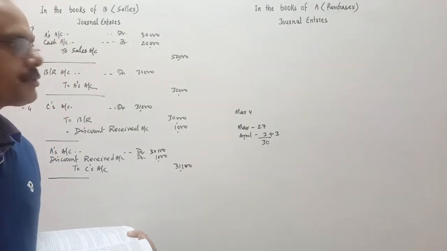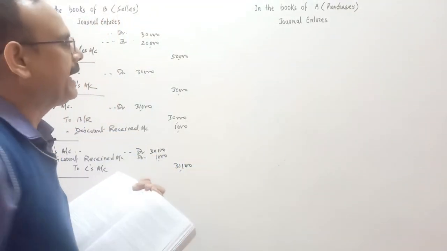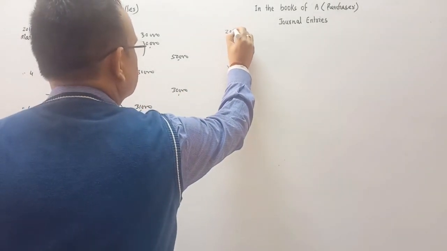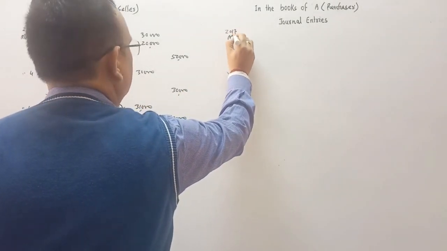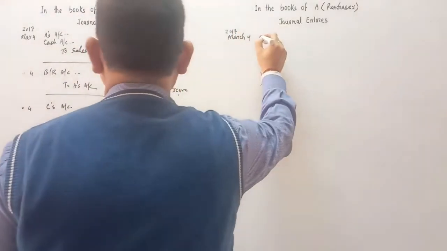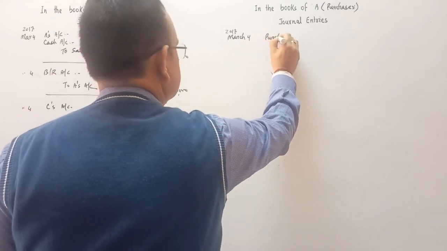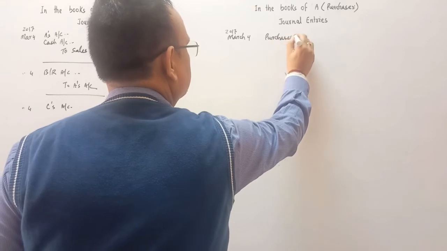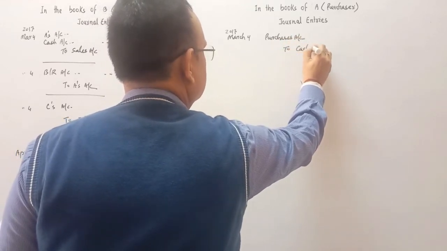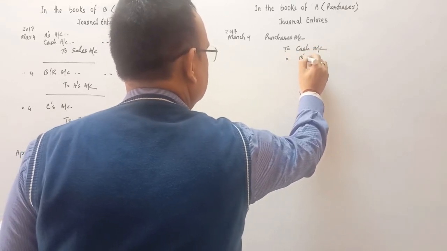Now see the entry in the books of A. A is the purchaser. So on March 4, 2017, he will do the entry: purchase account debit to cash account, to B's account.